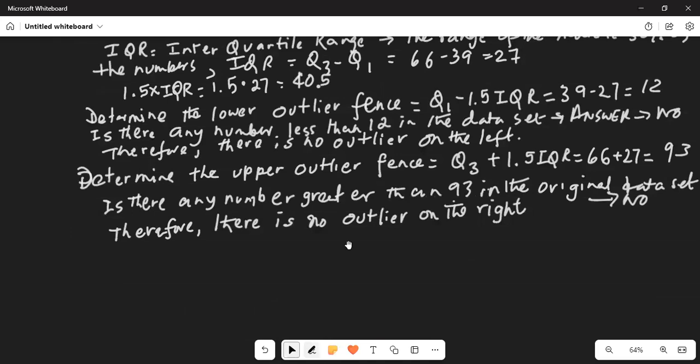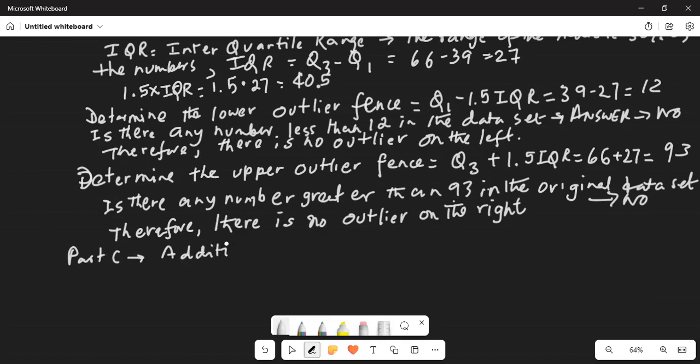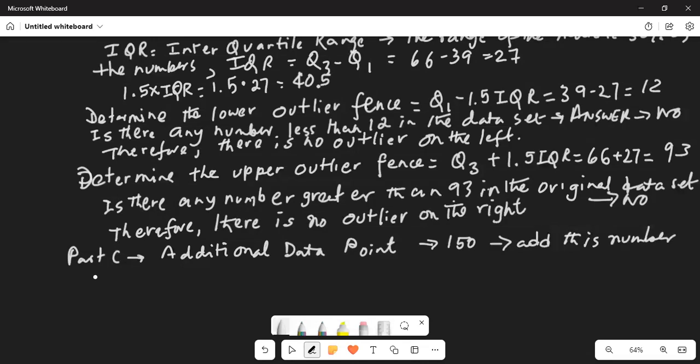The additional data point is $150, so add this number in L1. Notice 150 is much greater than the rest of the numbers.